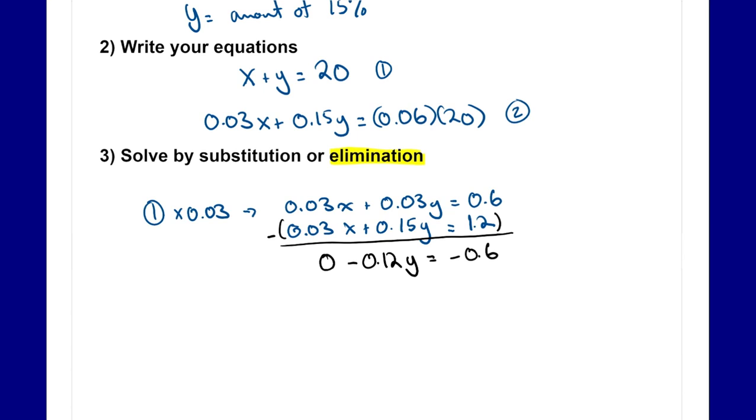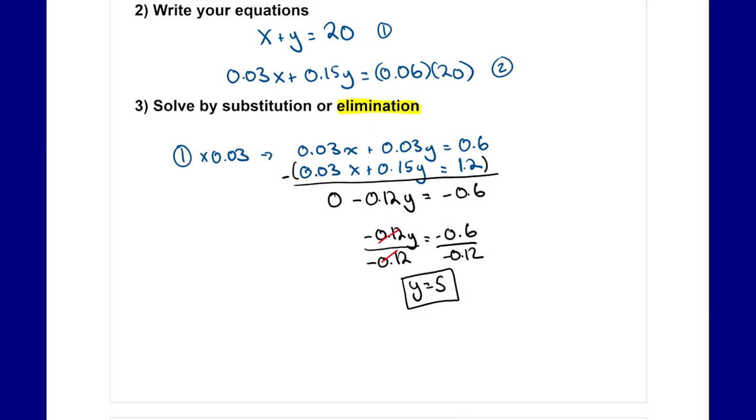Now I want to solve for y. So negative 0.12y is equal to negative 0.6. I'm going to get y by itself by dividing both sides by negative 0.12. One side is going to cancel out. And when we divide, we get that y is equal to 5.